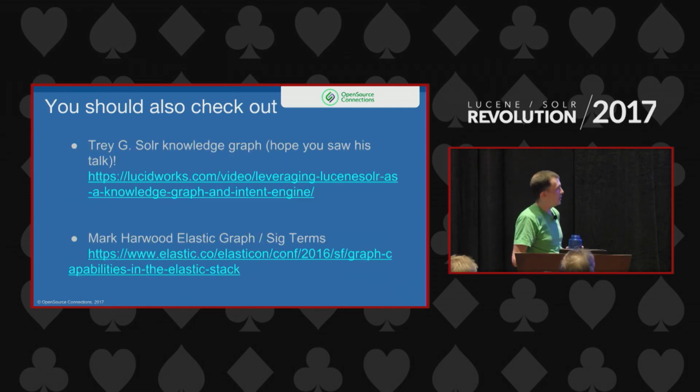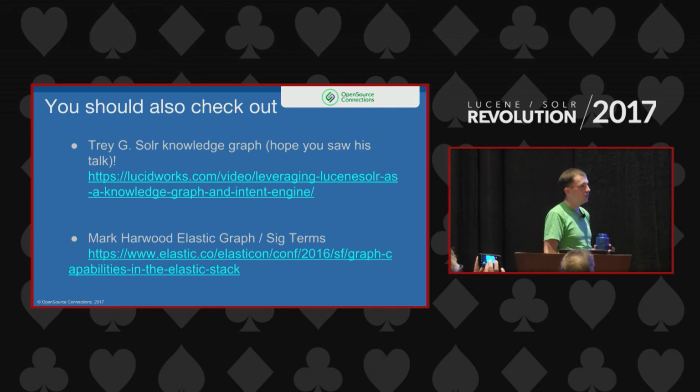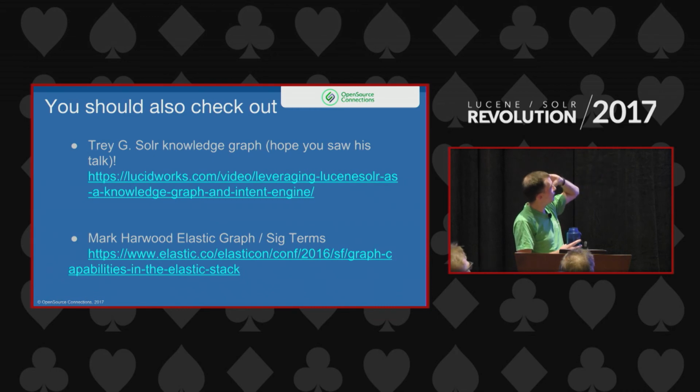So if you're interested in this, mining refinements is a really rich field that a lot of people are using for relevance to get hierarchical relationships. Of course, Trey's talk was amazing. He's doing a lot of stuff with the knowledge graph to really get at that. And a parallel technology that was invented independently is in Elasticsearch. There's Elastic Graph and the significant terms aggregation, which does some similar stuff that you might want to check out.